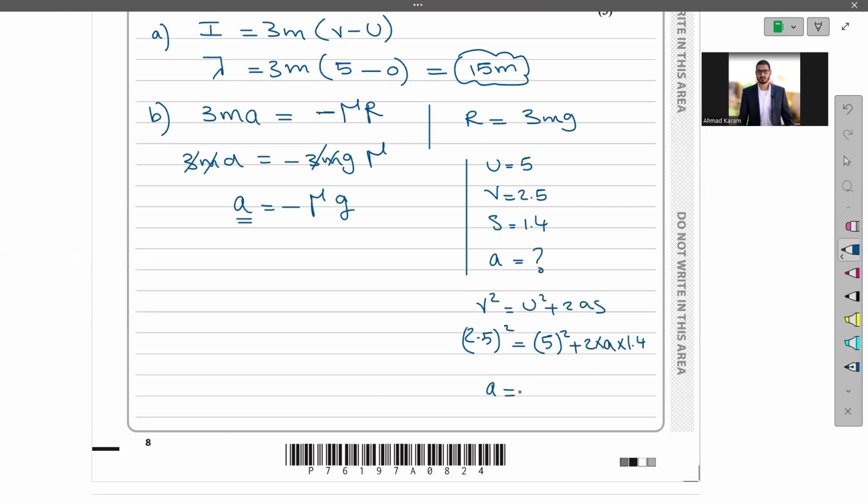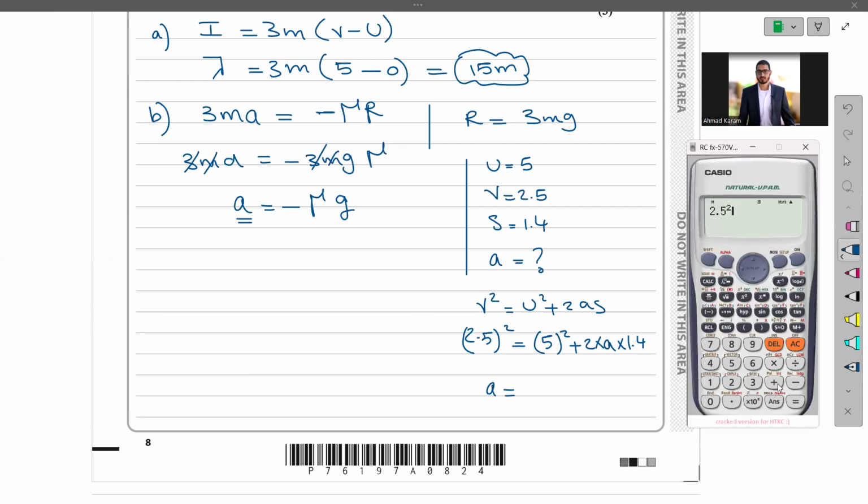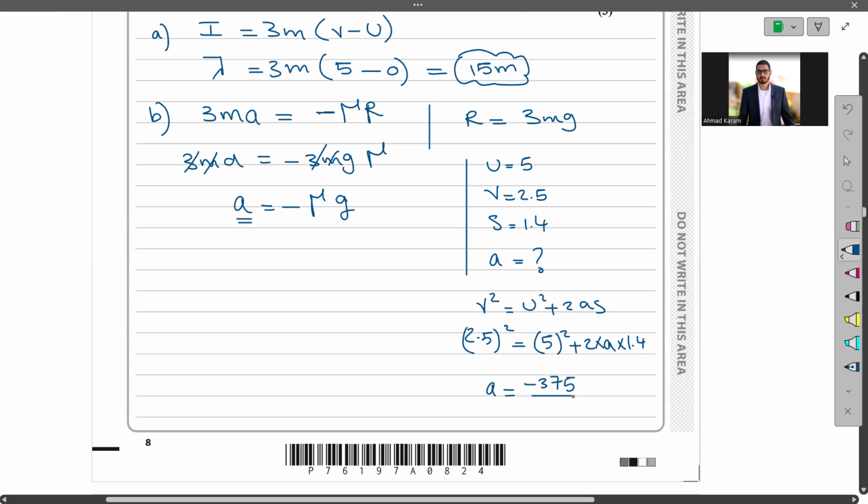So the acceleration will equal 2.5 squared minus 5 squared, divided by 2.8, which is negative 375 over 56.